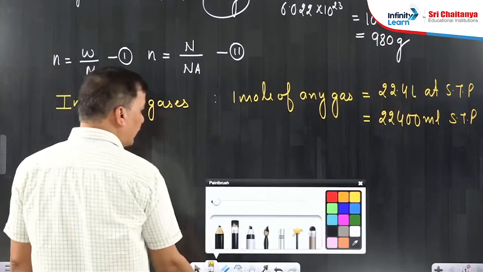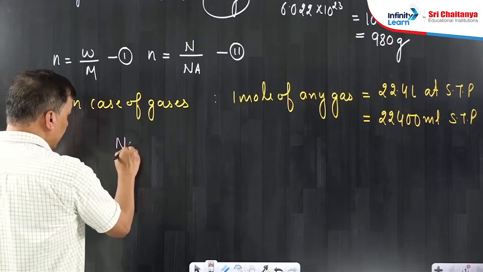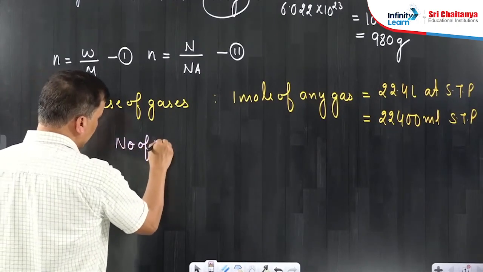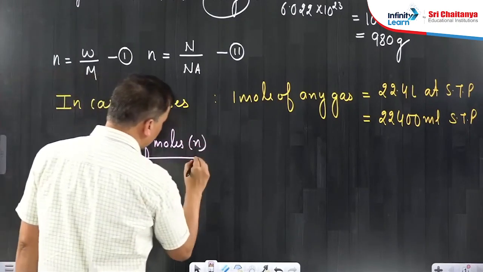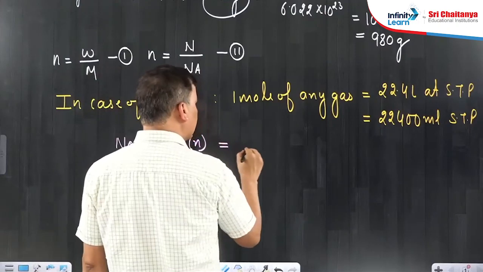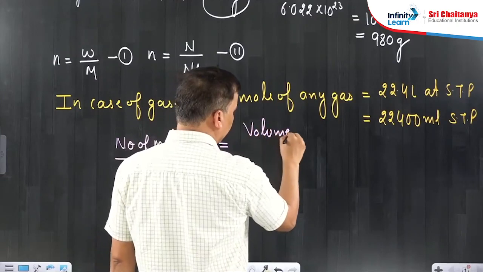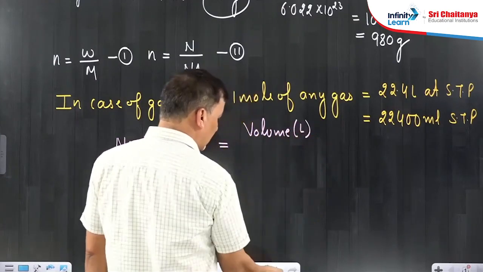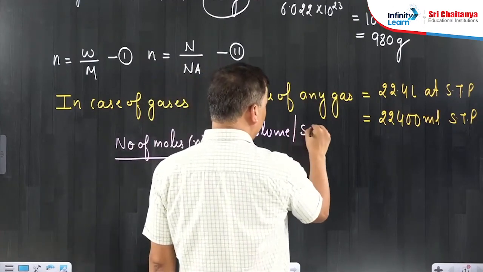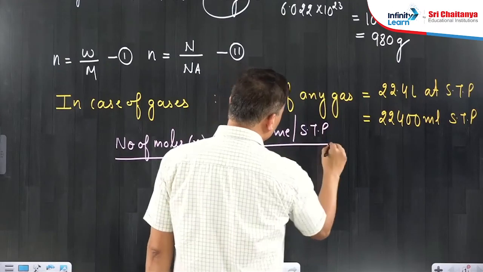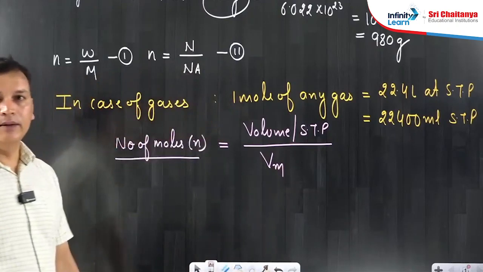So dear friend, we have to calculate number of moles in case of gases. We are given the volume of a gas, in liter or milliliter, at STP. So we have to divide by molar volume. That is the third formula.